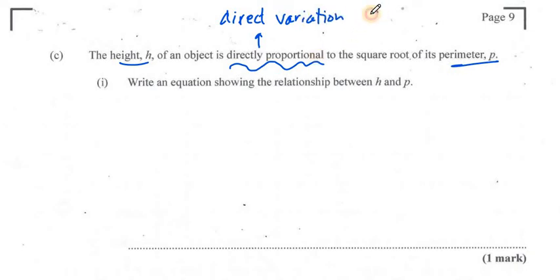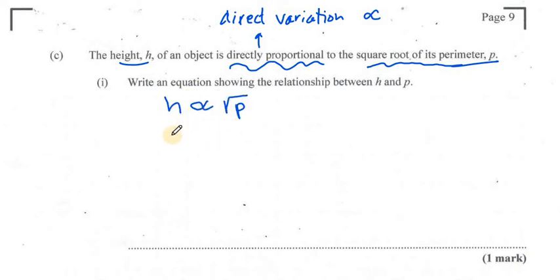And we usually use this little alpha symbol. So the height of an object is directly proportional. So let's write that out. The height of an object is directly proportional, and when we say direct, we usually put just what they say afterwards. So it says the square root of its perimeter, the square root of p. We want to show a relationship between h and p in the form of an equation.